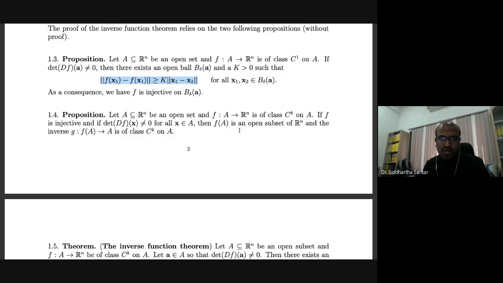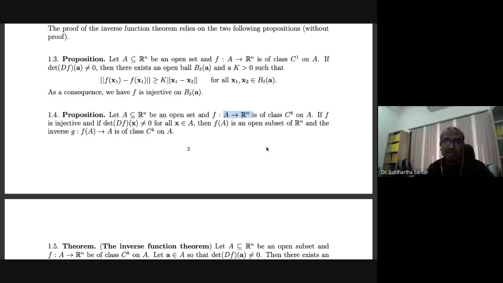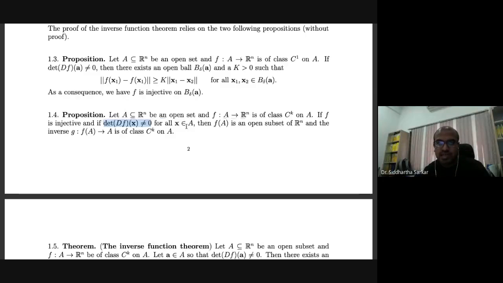Okay, so then the other step is, if you take again an open set A and a function of class Ck from A to Rn, and if we assume the function is injective, by the way, that is not going to be given, and if the determinant of the derivative is non-zero for all x in A, then f(A) turns out to be an open subset, and its inverse is of class Ck.